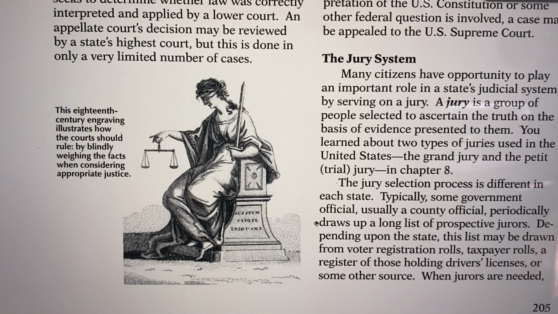If you are chosen as a possible juror, then you're in this other pool, and then they'll choose their jurors, and you're going to be testifying under oath as a witness.